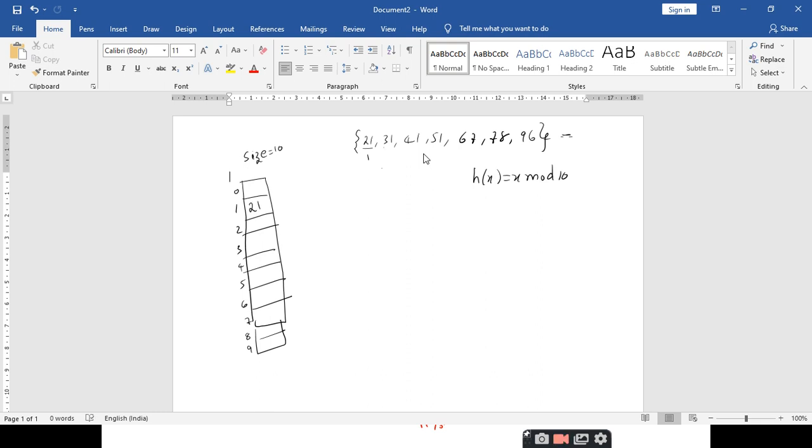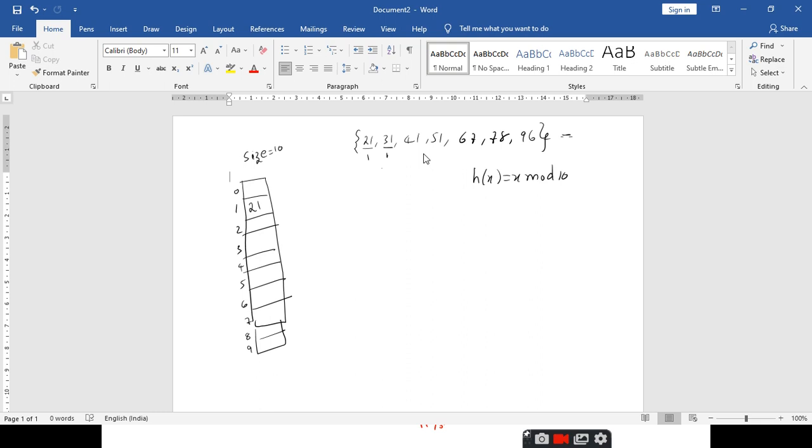Now coming to the next element, 31. So 31 evaluates the hash key as 1, and I go and search this first index location. I found that 21 is already present. So I don't want to probe the next elements.